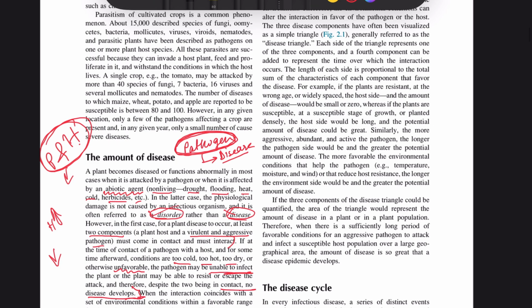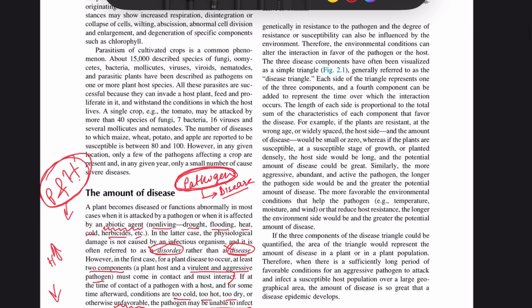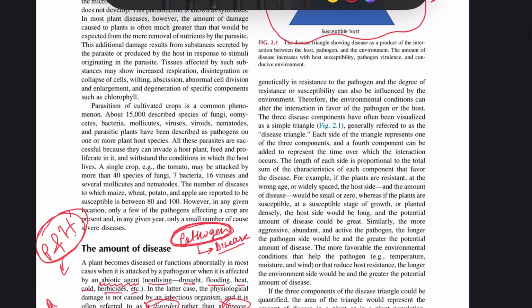Okay? Therefore, the environmental condition can alter the interaction in favor of the pathogen or the host. The three disease components have often been visualized as a simple triangle, generally referred to as the disease triangle.